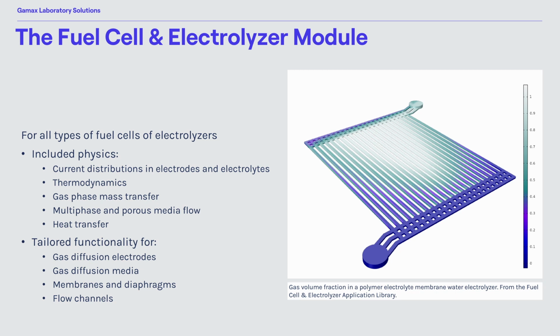So what's included in the module? You get a bird's eye view here. Different types of electrodes are included, so you can set up the boundary conditions, thermodynamics, the relevant and necessary equations are already set up, and material properties are used there and calculated based on these equations.